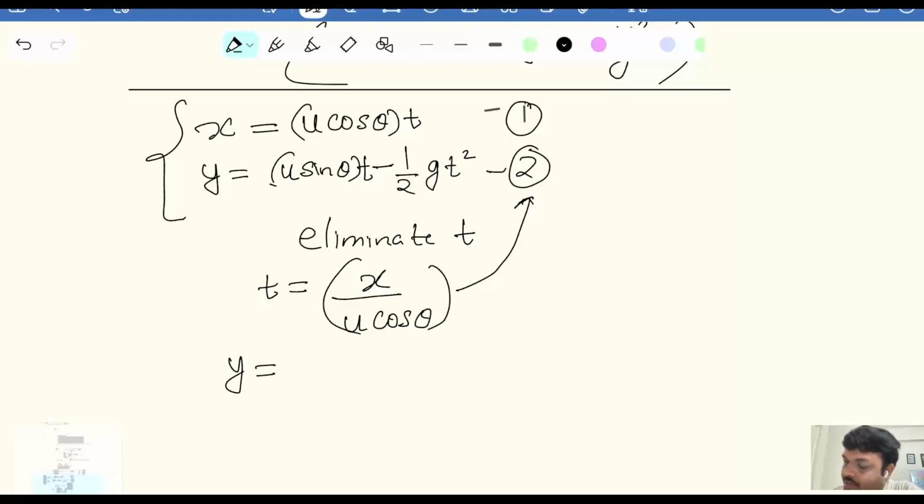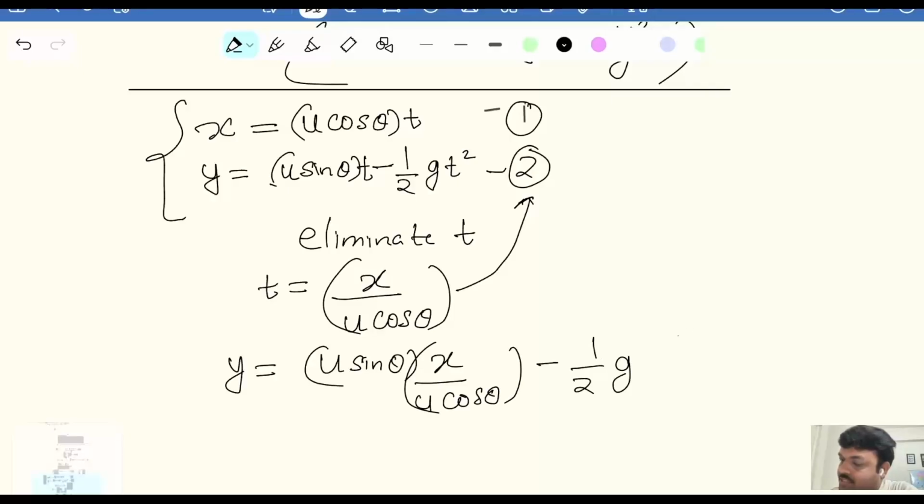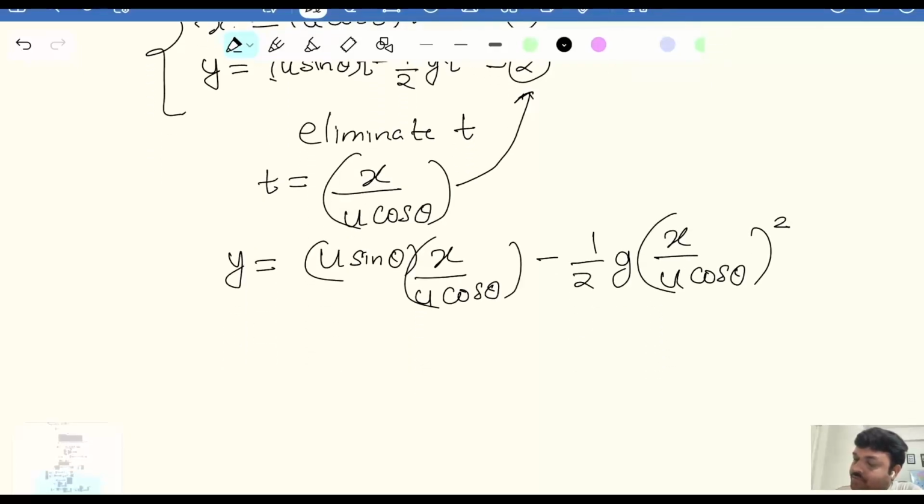So y would become u sine theta multiplied by x by u cos theta, minus half g t square, x by u cos theta square. Right, so from this equation, we get y is equal to u tan theta.